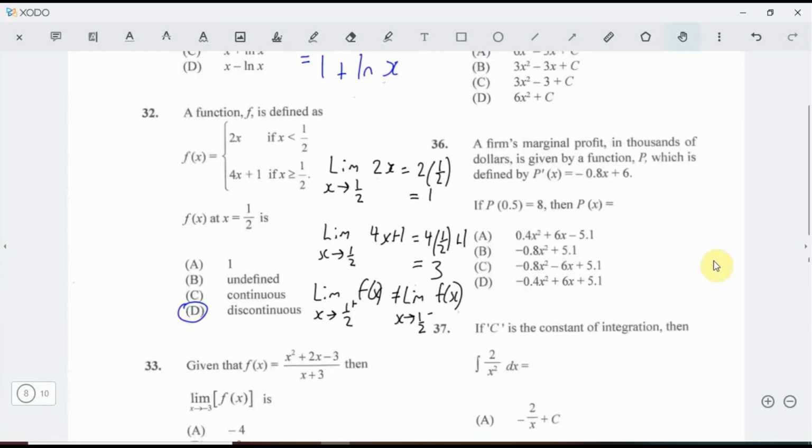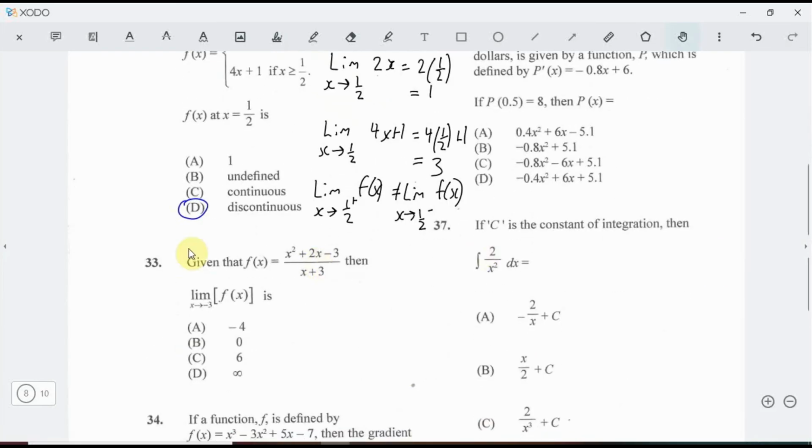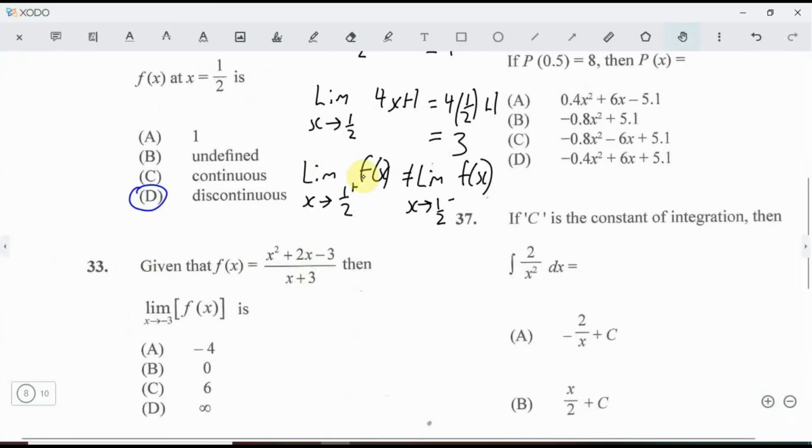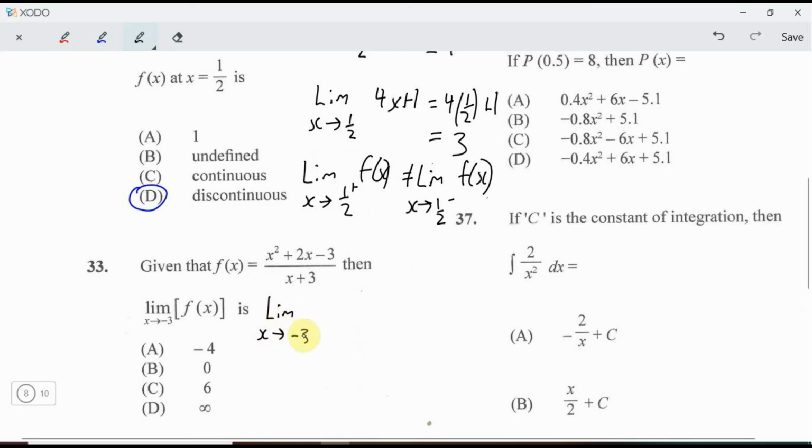Question 33. It says, given that f of x equals x squared plus 2x minus 3 over x plus 3, then the limit as x approaches negative 3 of f of x is. So to find the limit, the first thing we need to do is remove the discontinuity. This becomes the limit as x approaches negative 3 of, factorize the numerator.